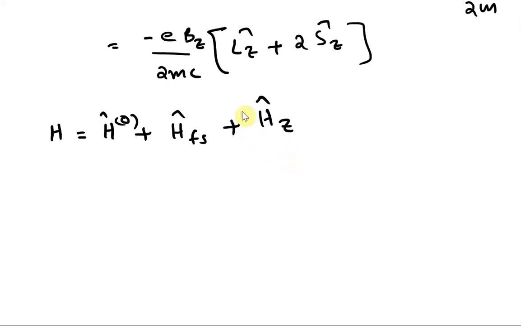So obviously this will be more compared to this term. Okay, I'm not comparing it with H naught, that is still higher than this quantity. That's the reason we are applying the perturbation theory. But compared to this term, this quantity is going to dominate when you are having a strong magnetic field. So we'll discuss the case when you are introducing the hydrogen atom into a strong magnetic field.